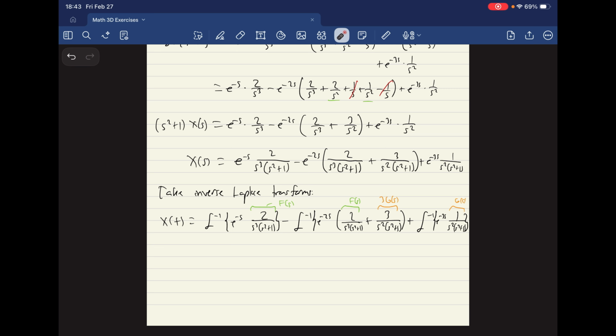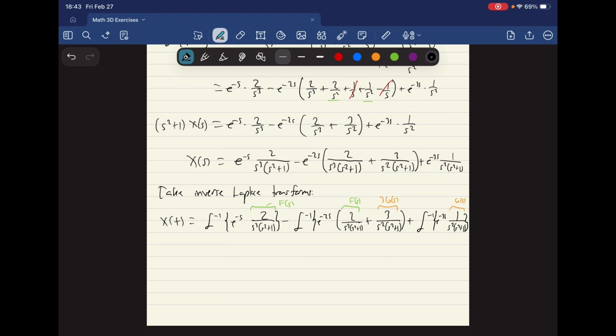We don't know what functions have these Laplace transforms yet, but if we could find them, L inverse of h of s and L inverse of g of s, let's call them h of t and g of t, respectively. I want to use little f for the inverse Laplace transform.